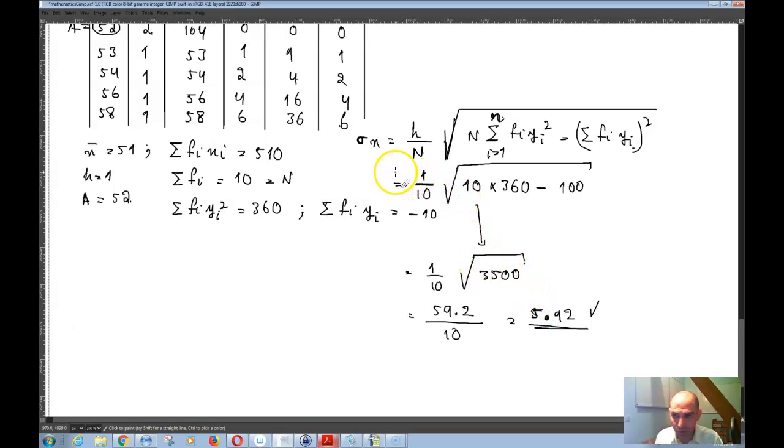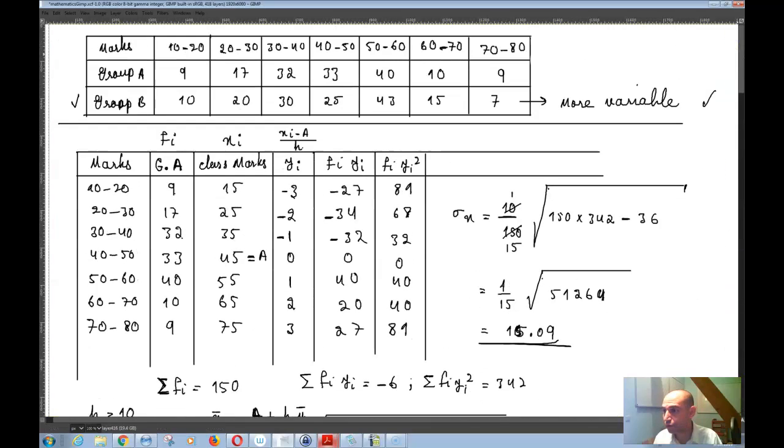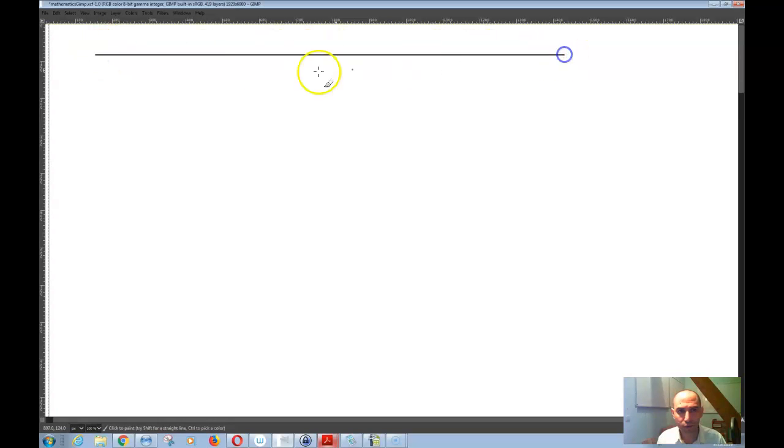Now we do need to do the same thing for share Y, and of course we have no space here, so I'm going to go up here and write the data over here. So basically the data that I had was something like this.